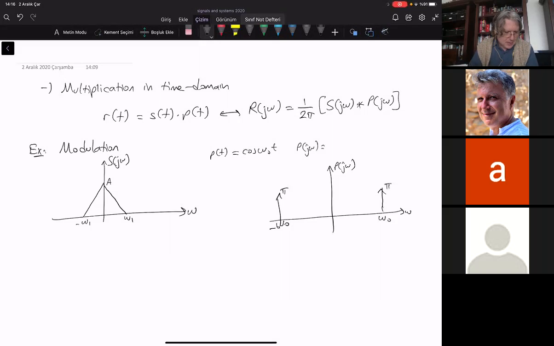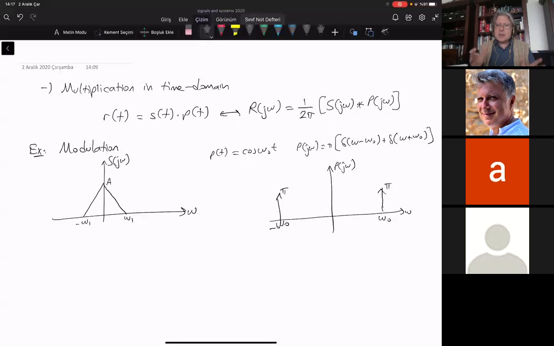Now I can write P of j omega as pi times, in parentheses, delta omega minus omega 0, which is an impulse at omega 0, plus an impulse at minus omega 0, which is this.